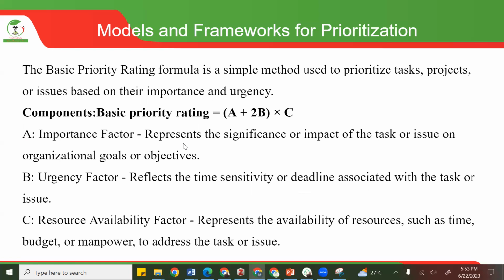Okay, and this one looks at how we can prioritize tasks, projects, or even issues based on whether they are urgent or very important. So the formula is that you have A, which stands for important factors, and then B, which stands for urgency factors, and then C, which is the resource availability factor.